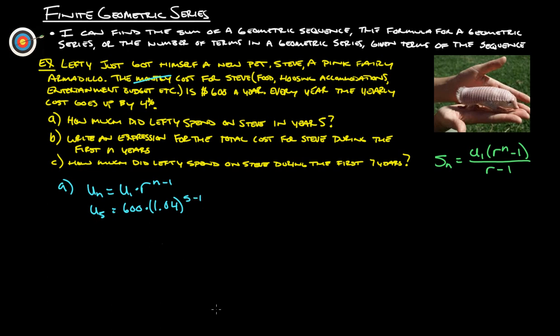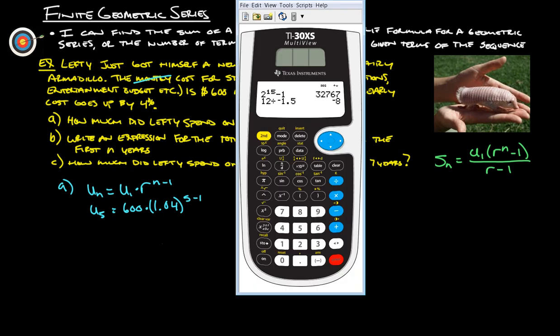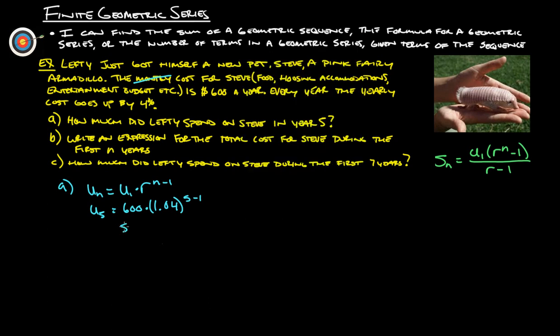Okay, so that's how much they're going to spend in year 5. So let's calculate that out. We've got 600 times 1.04 to the 5 minus 1, or the 4th power. Gives us, in year 5, $701.92.